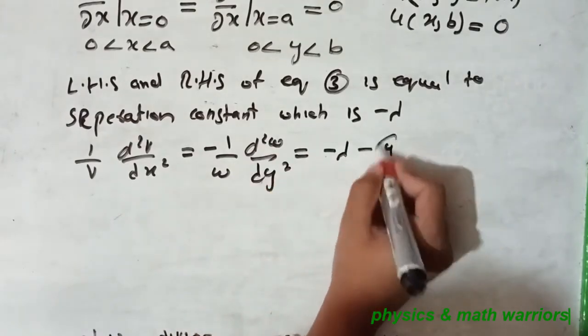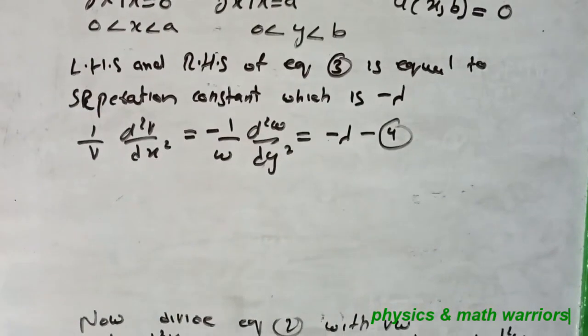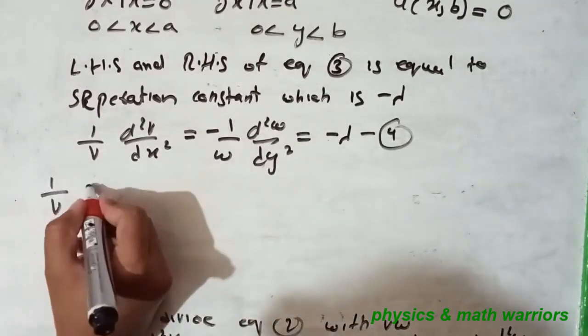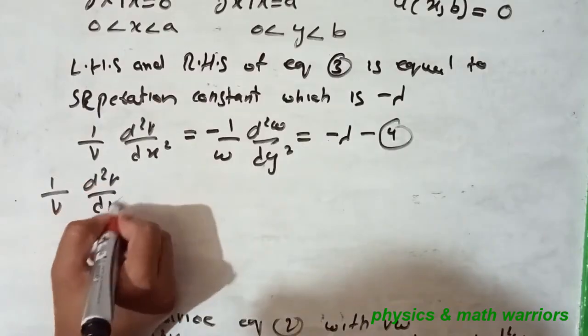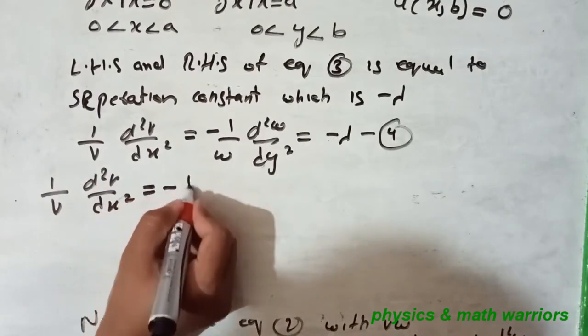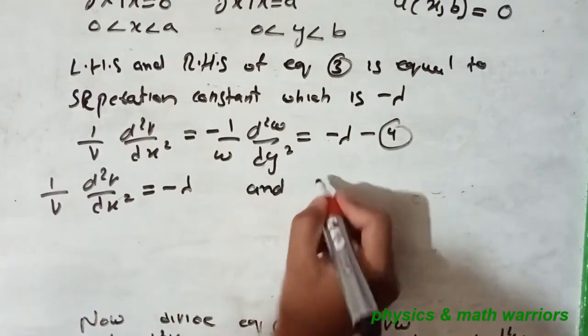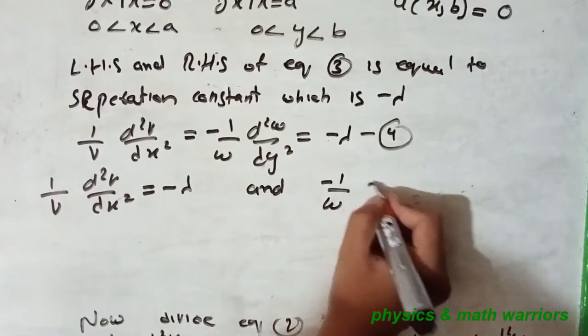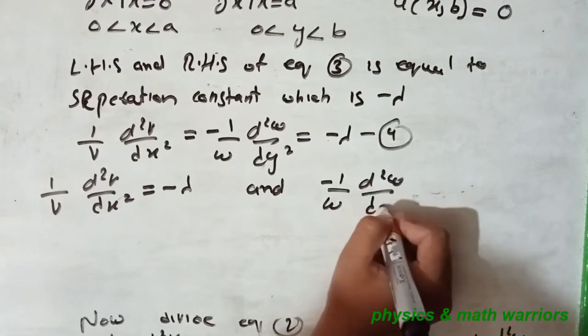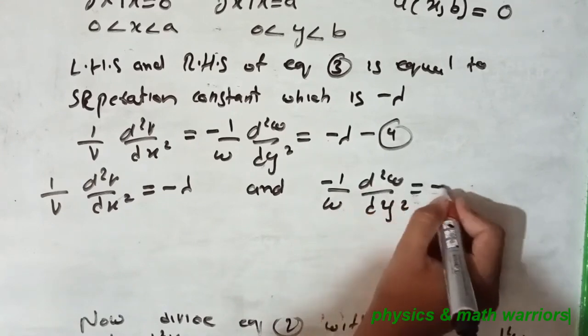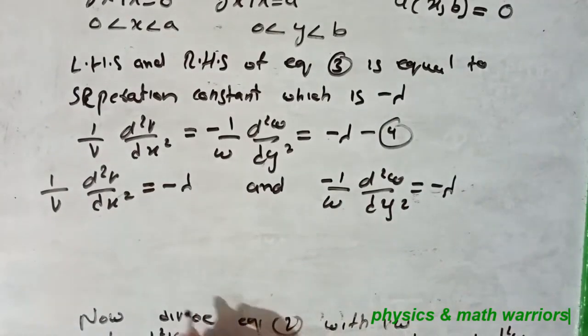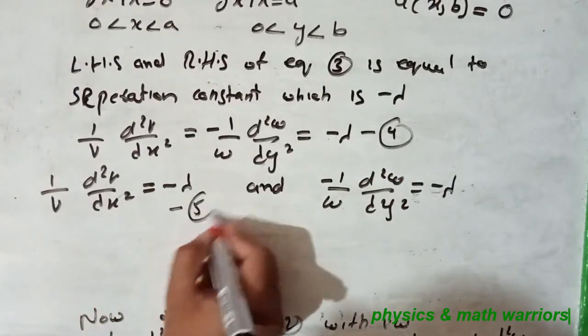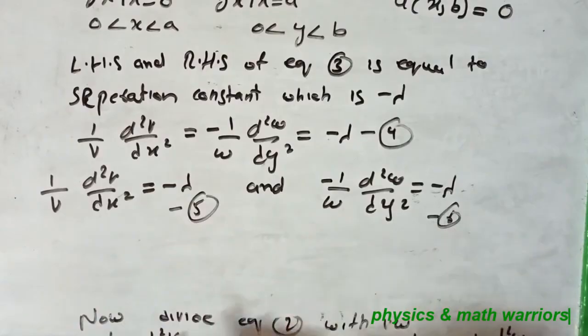This is equation number 4. Equation 4 can also be written as 1 over v d square v over dx square is equal to minus lambda, and minus 1 over omega d square omega over dy square is equal to minus lambda. This is equation number 5, and this is equation number 6.